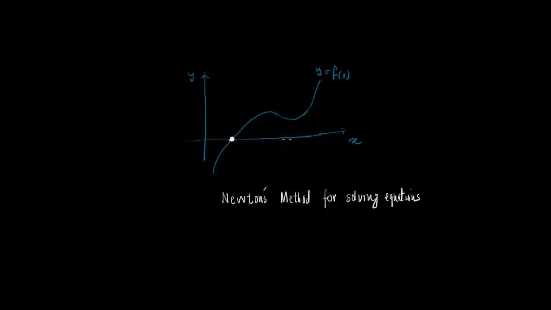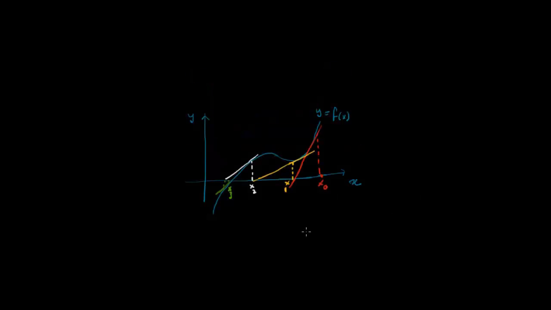One way to do that is by using slopes. As you can see in this example, we start with some initial guess. I call it x0. And at that initial guess, we draw a tangent to the actual curve at that point.